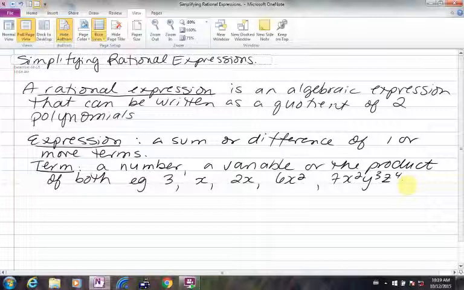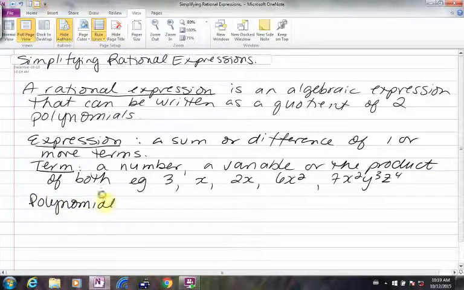All right, now, polynomial. The definition of a polynomial and an expression are basically the same, but I want to add just a little piece to it.